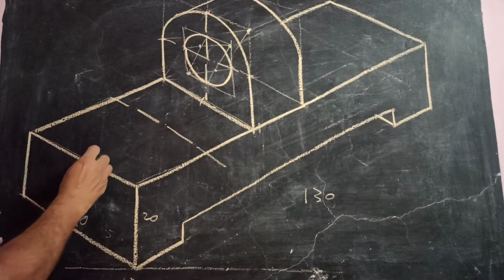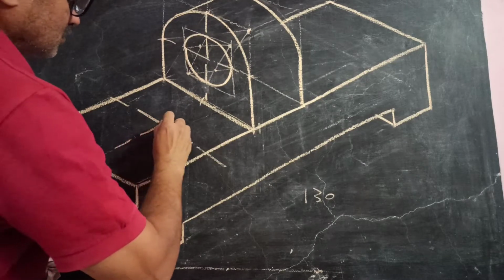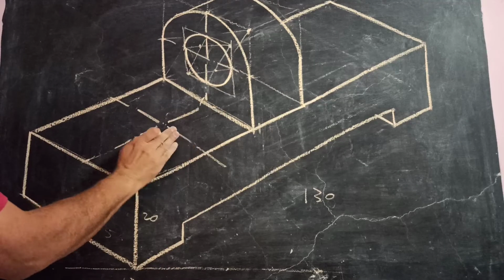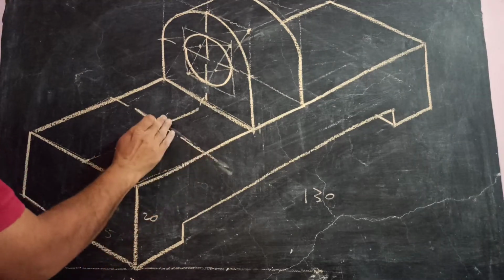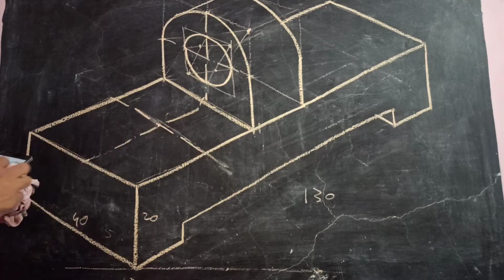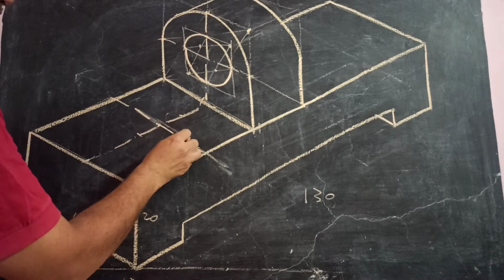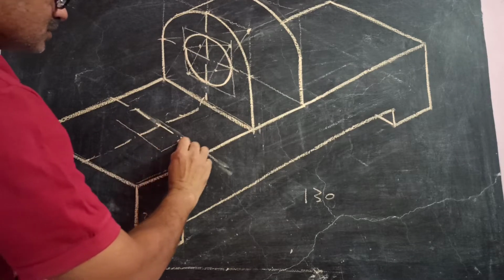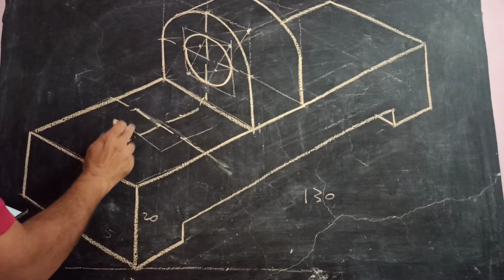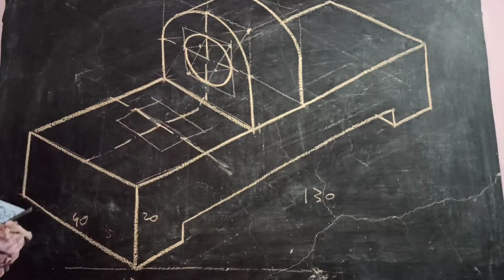So at 20 you can mark another center line. So you have got this center. The diameter of that is 16. So 8 mm on both sides. 8 mm on both sides. So you draw the rhombus parallel to this. This must be parallel to this and parallel. So this is the rhombus.